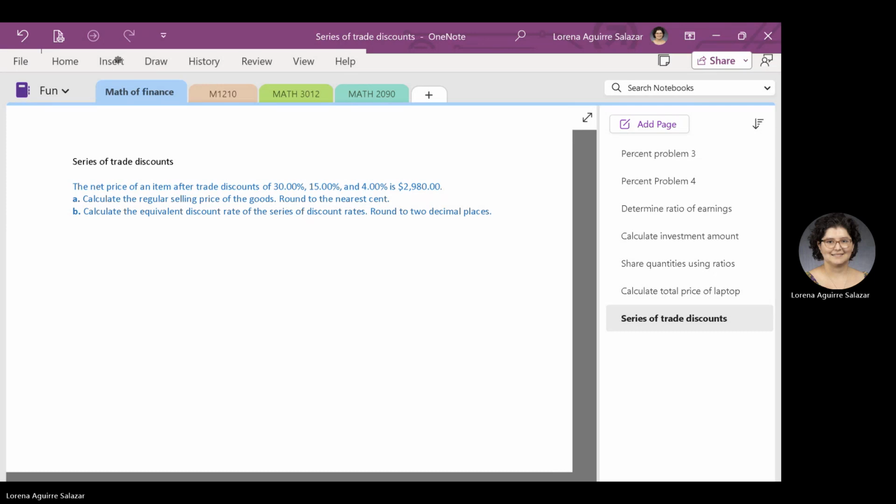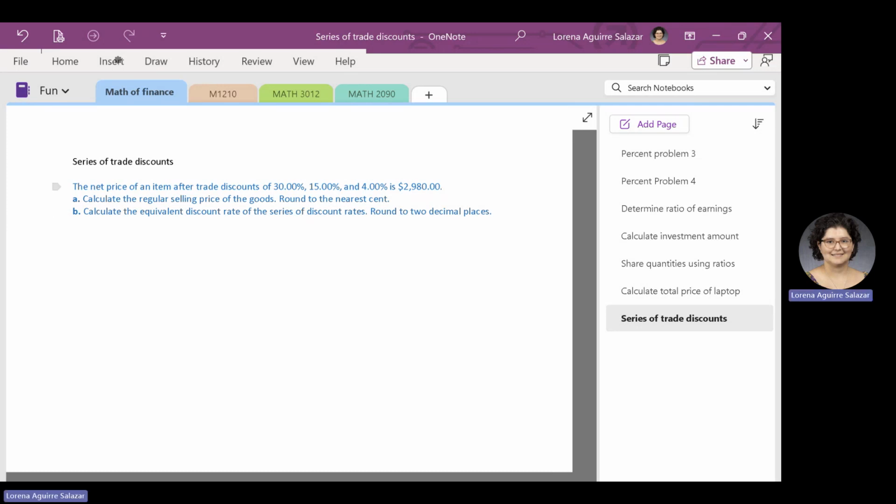Now, trade discounts are generally offered by a seller to a buyer before the sale to increase sales, to reward valuable customers, encourage large quantities of purchases, or to promote a new or seasonal product, etc.